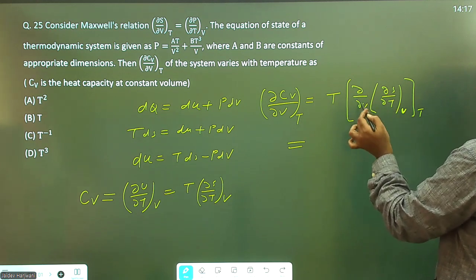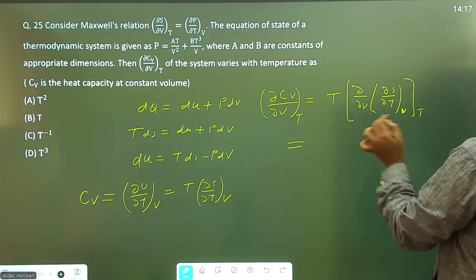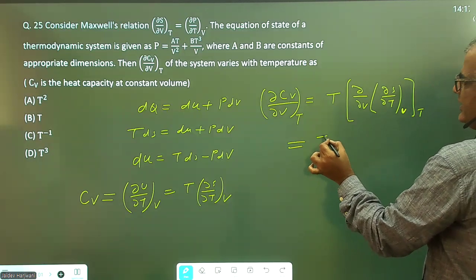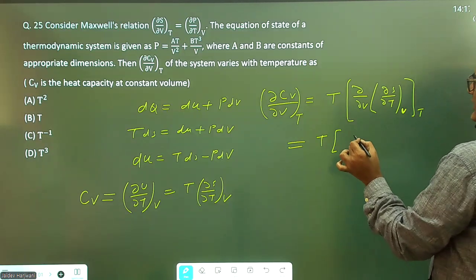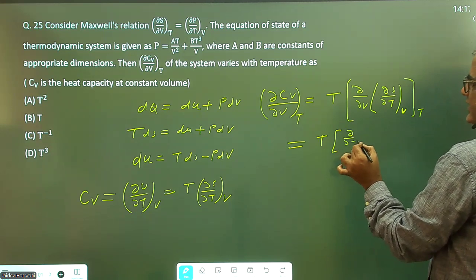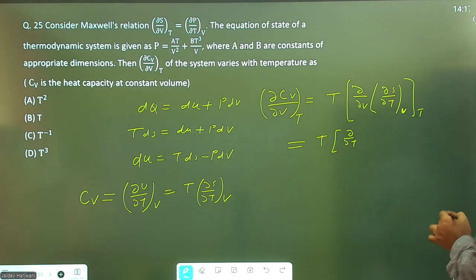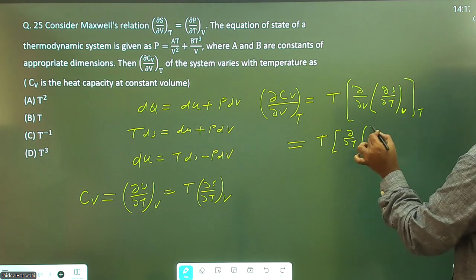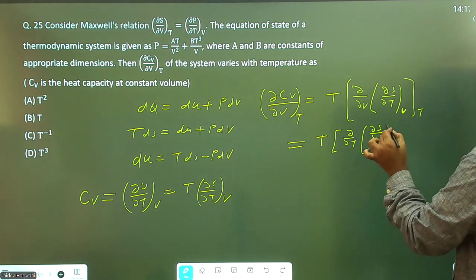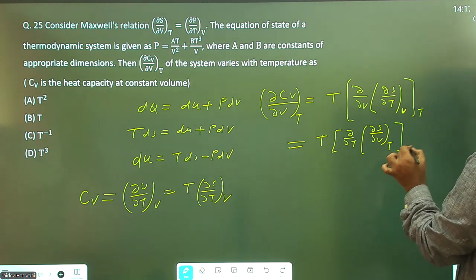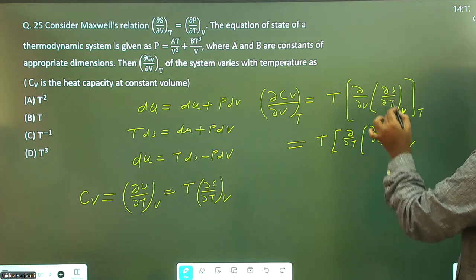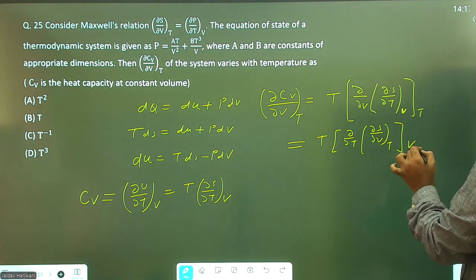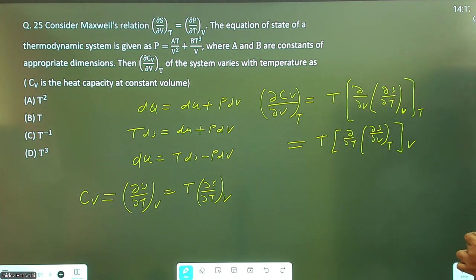I can differentiate with respect to V first, keeping T constant, so I can write this as ∂/∂T of ∂S/∂V at constant temperature, and then ∂/∂T keeping volume constant.